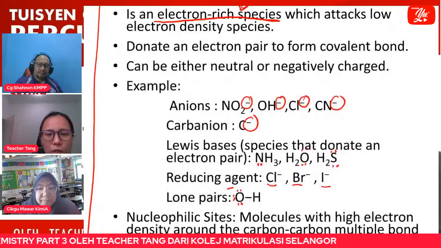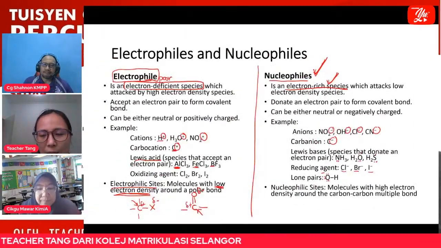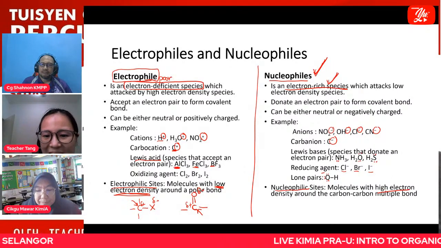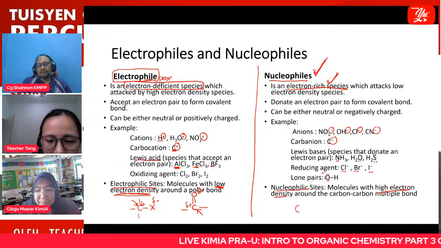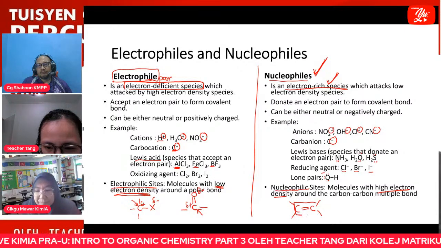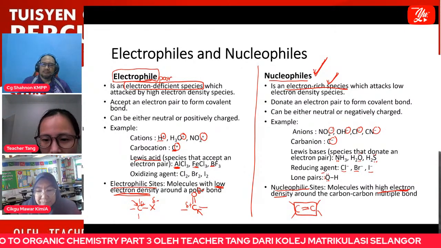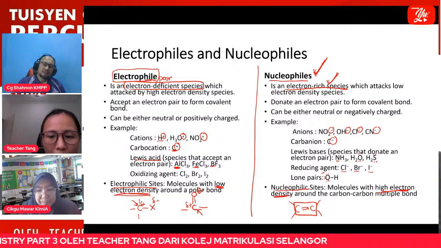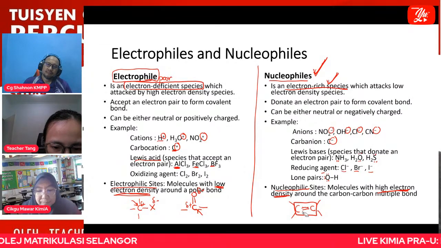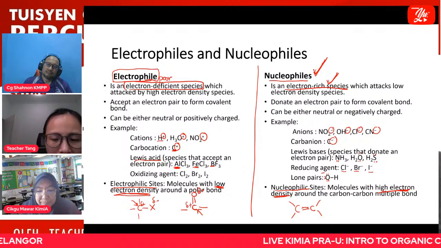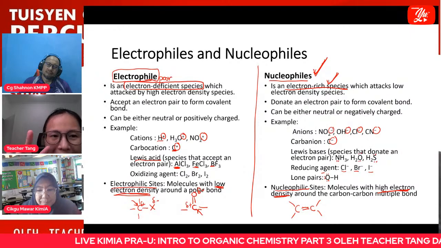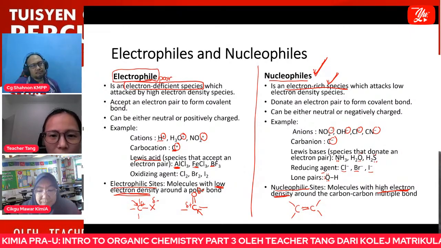Do not confuse this with a nucleophilic site. A nucleophilic site is a place with high electron density, for example a carbon-carbon double bond. Here is a high electron density region because there are 4 electrons between the two carbons: 2 are pi electrons and the other 2 are in the sigma bond.